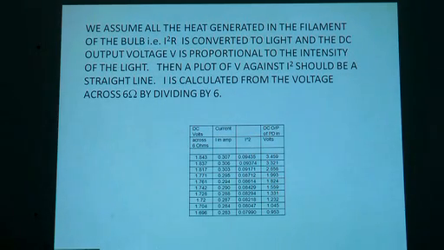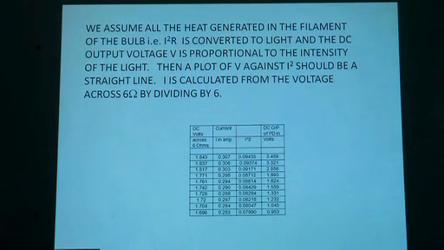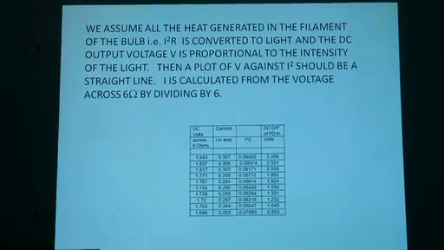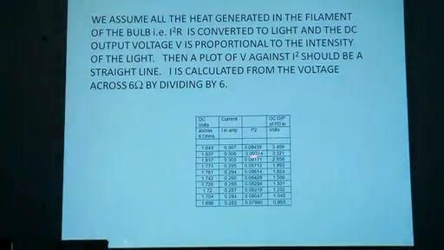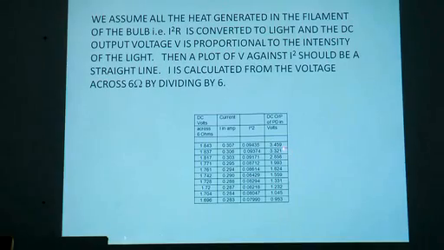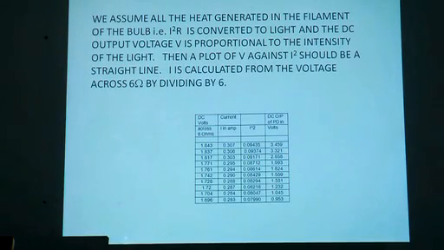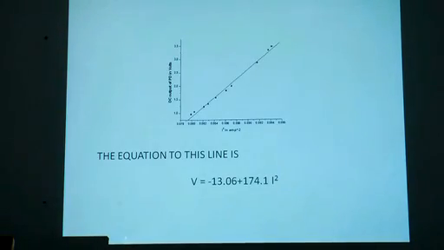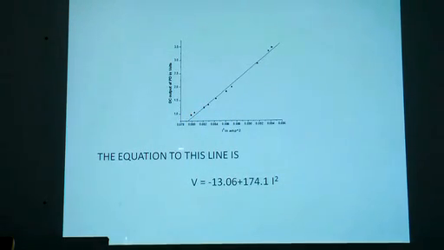We assume all the heat generated by the current in the bulb is converted to light, and the photodiode measures the intensity. In that case, I square must be proportional to the photodiode output, and therefore we plot a graph of the photodiode output against square of the current.